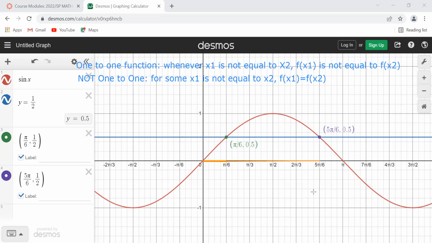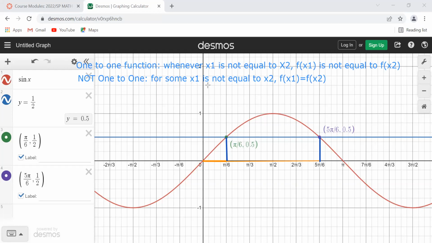Different inputs, right? And their outputs are the same, which is one violation. We have one pair of numbers whose inputs are not the same, but the outputs are the same.